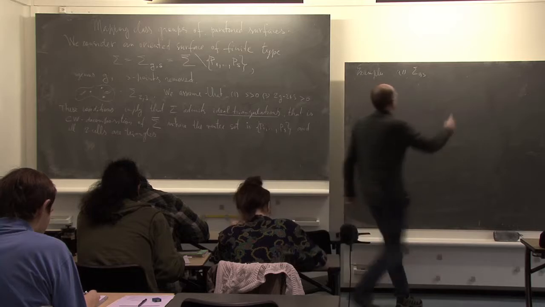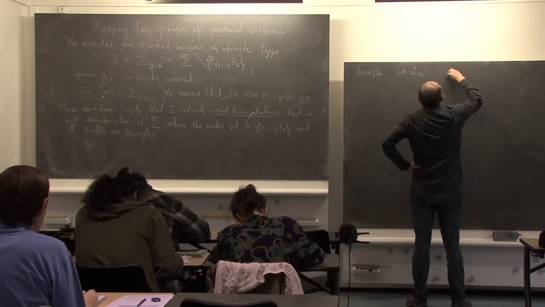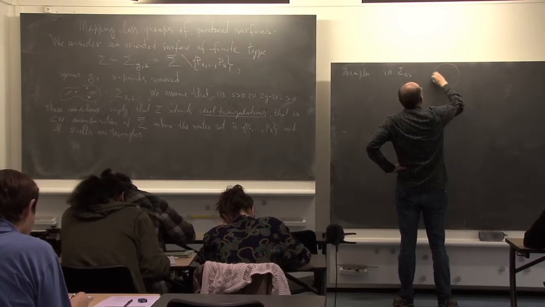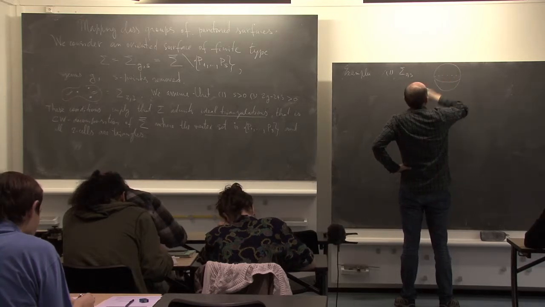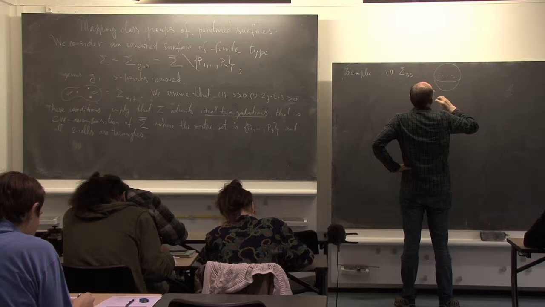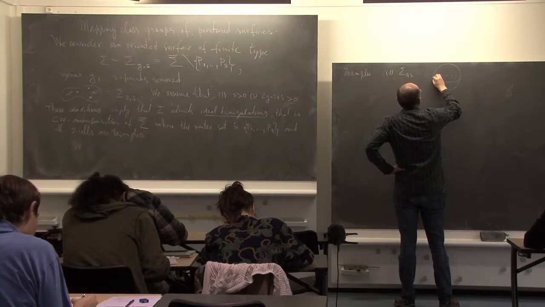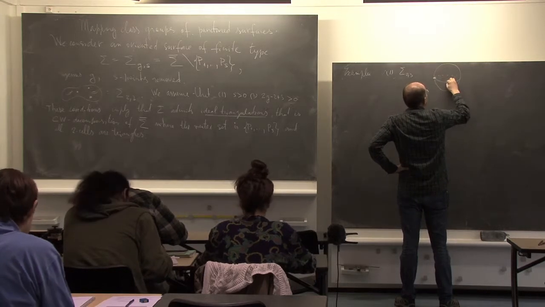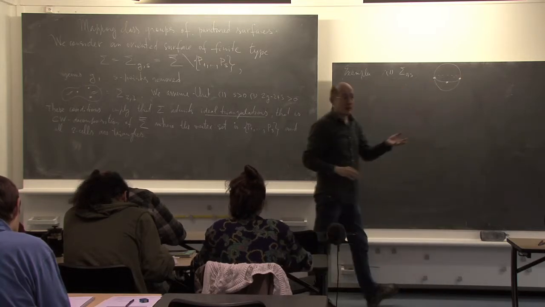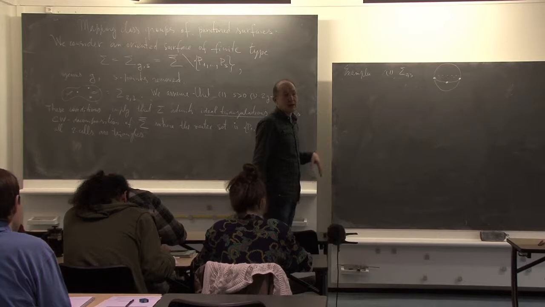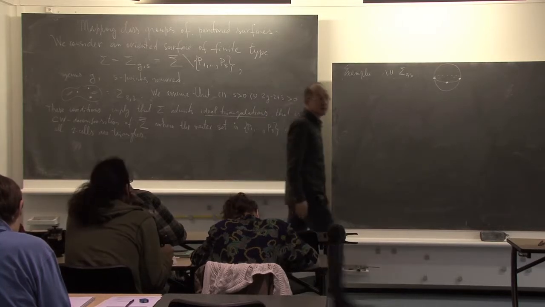And indeed, we can imagine a cellular decomposition of the sphere of the following form. We put 3 points on the equator, then the upper hemisphere and lower hemisphere are topological triangles.